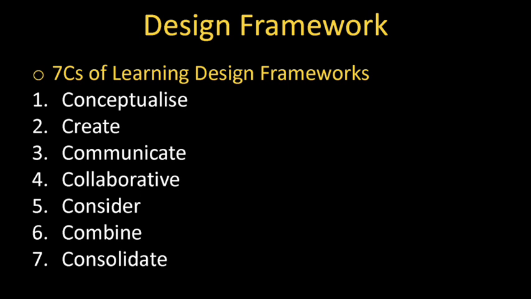So the design framework I decided to use for my course is the 7 C's of Learning Design Frameworks. And in this framework, I decided to use the 7 approaches to create my course: conceptualize, create, communicate, collaborate, consider, combine, and consolidate.